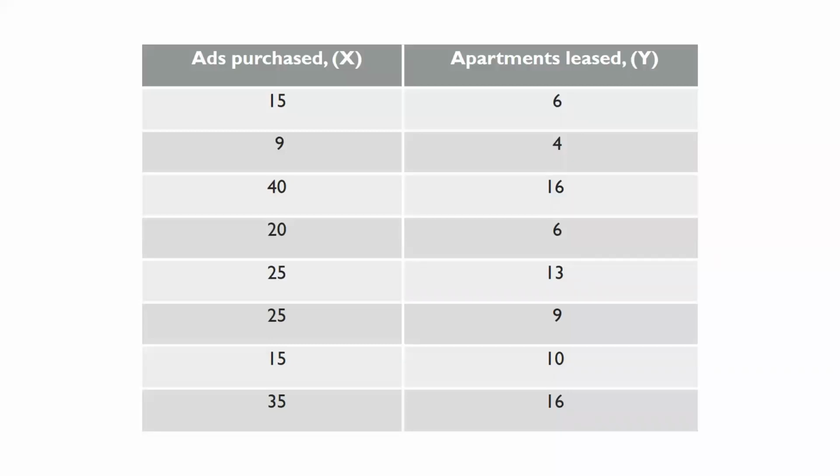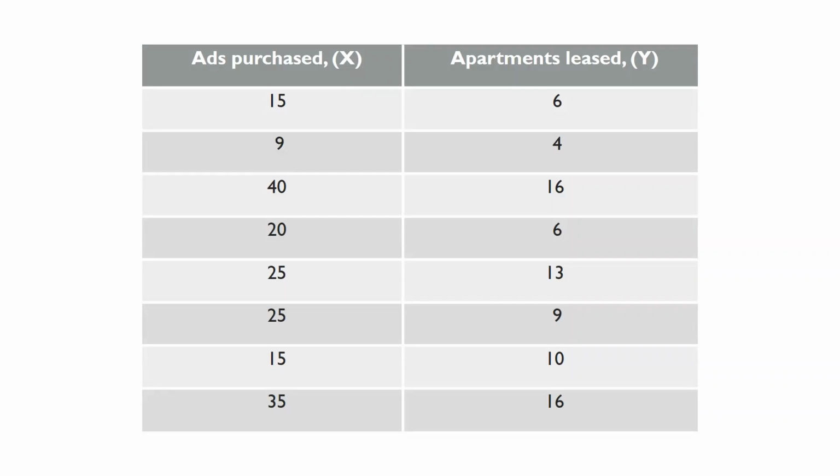So here's the raw data. For an independent variable, we have the number of ads purchased in the newspaper. So, whatever periodical that she is choosing, we have some ads that we're running. And then we have the raw data for the number of apartments leased in the complex.